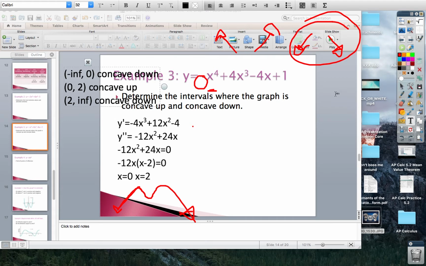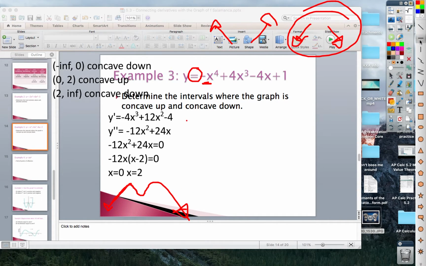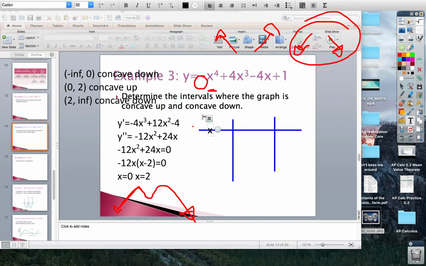Another thing we could do is make another quick table, which is kind of what we're talking about in our tests. So if we were looking at these things, we know that x is less than 0, then from 0 to 2, and x is greater than 2 is what we're looking at.